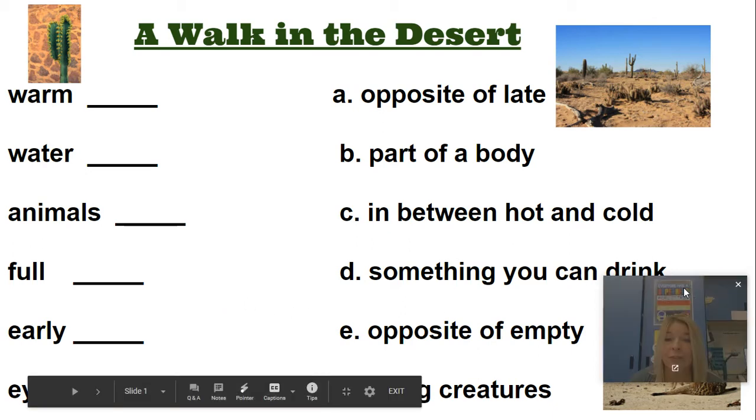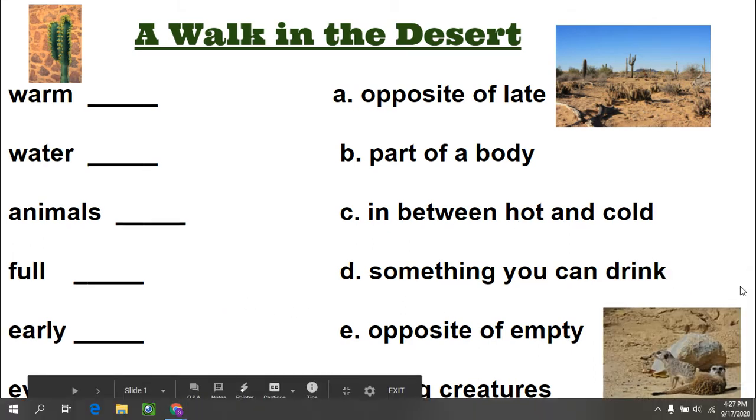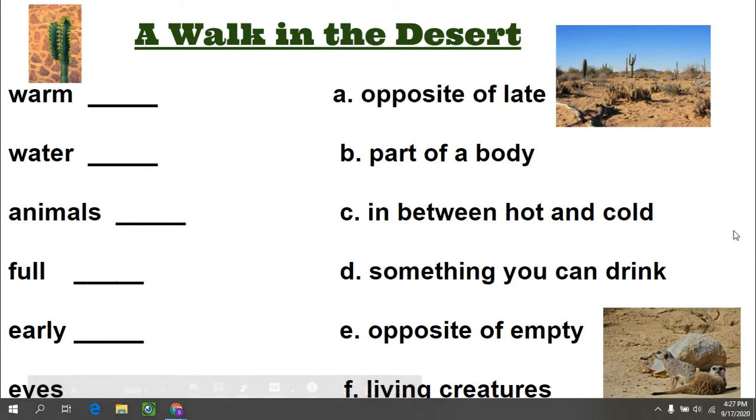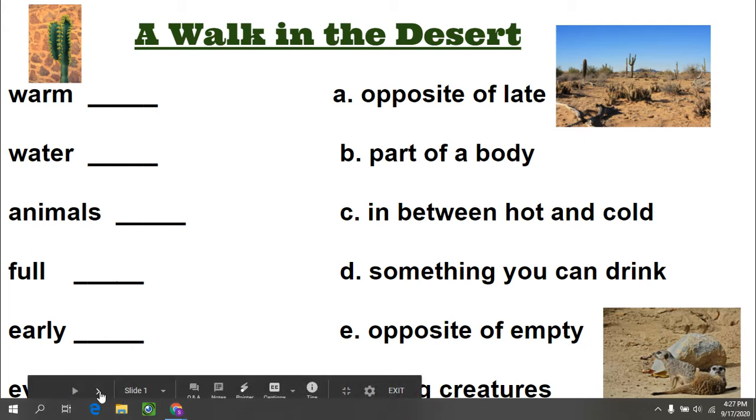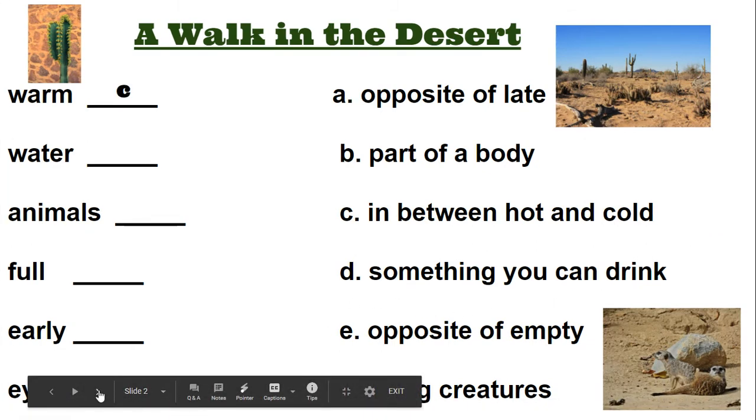Mrs. Richards is going to hide herself so you can see the rest of these words. D, something you can drink. Or E, the opposite of empty. F, living creatures. So when we are saying the word warm and we're thinking of what it means, it is when it is in between hot and cold.